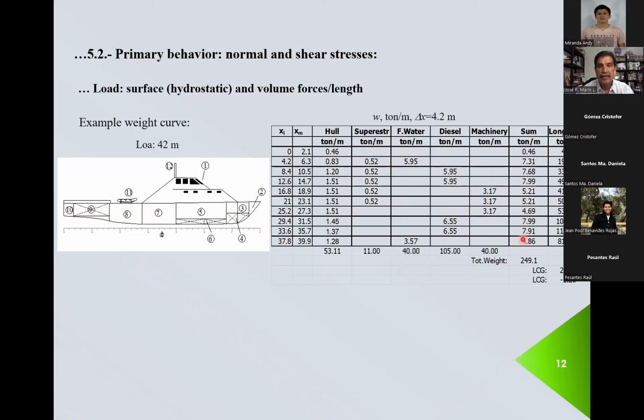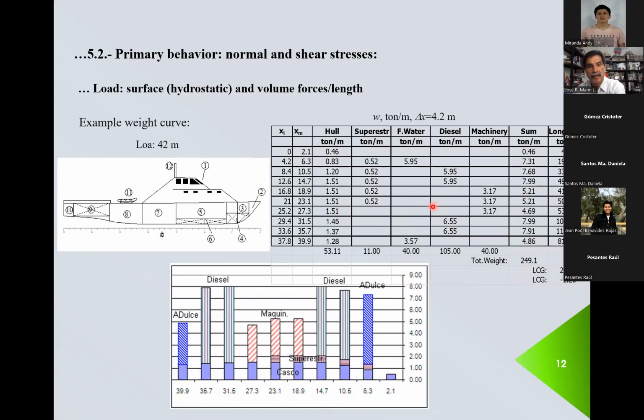In this case, we should include more partitions. Twenty partitions is a good number. Then what we do is multiply this times delta X times X, so we're able to calculate LCG. So we have total weight and we have LCG. That's typical of this type of calculation.